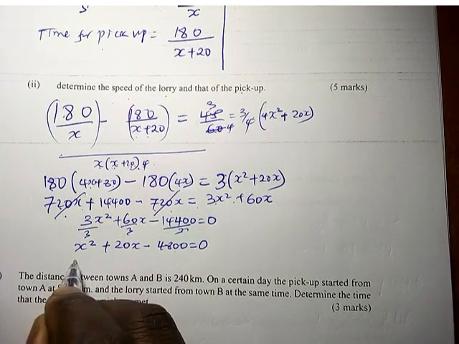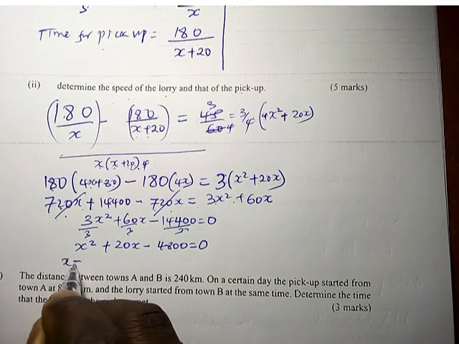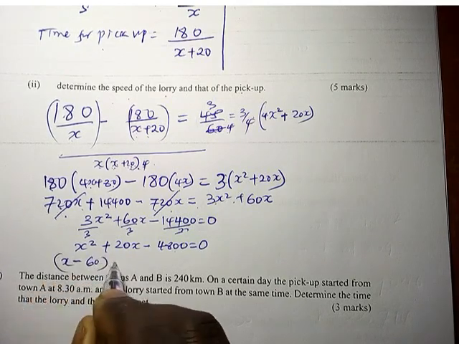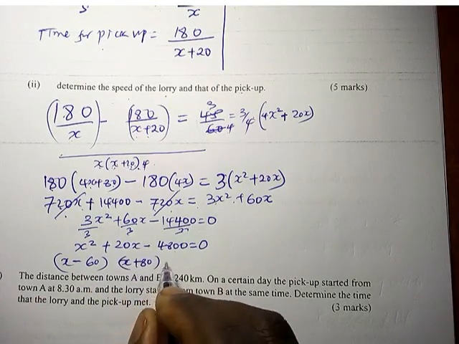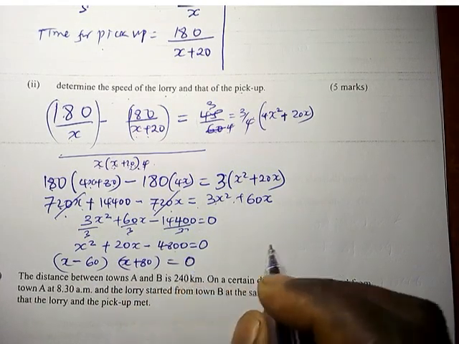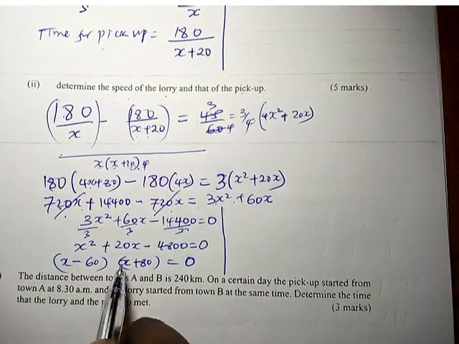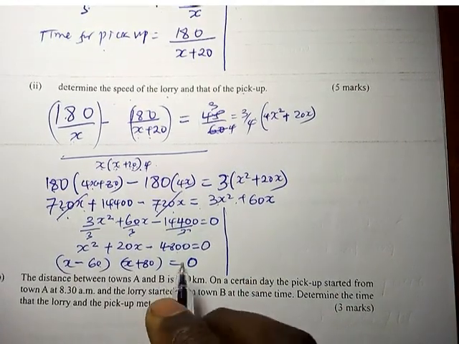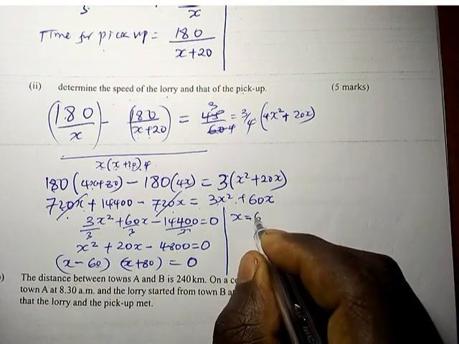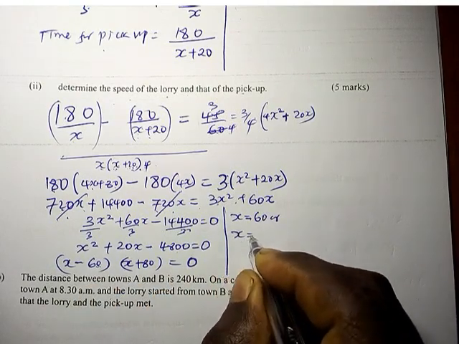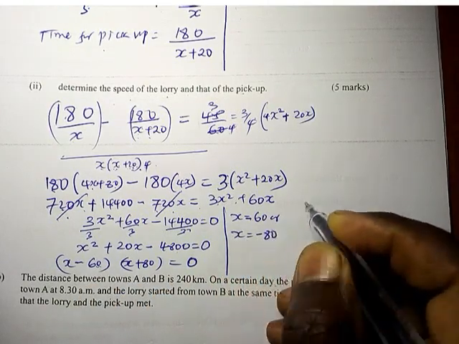So x minus 60, x plus 80 will give us 0. I have skipped one step of finding these numbers. I hope you know. So here x is going to be either 60 or x is going to be negative 80.